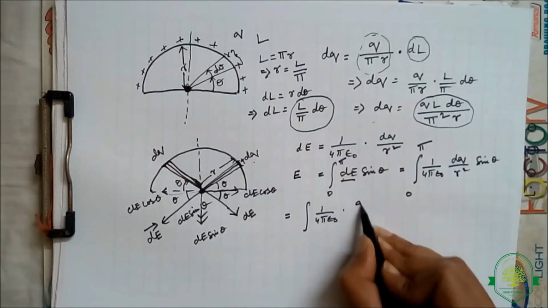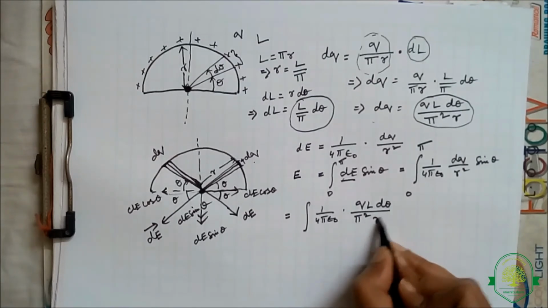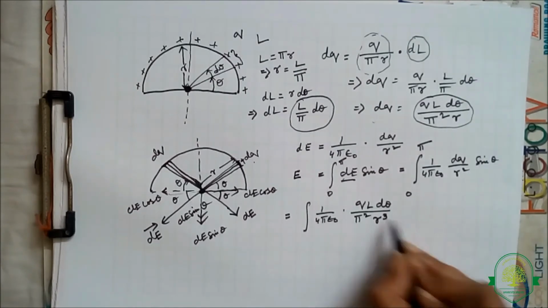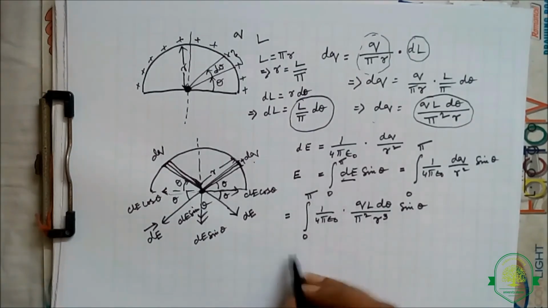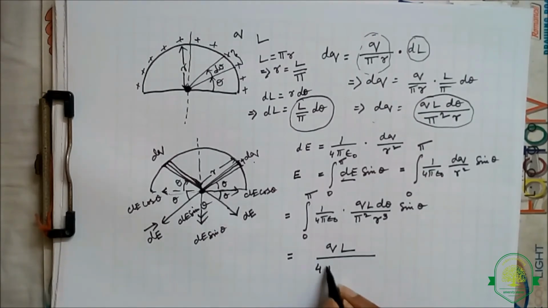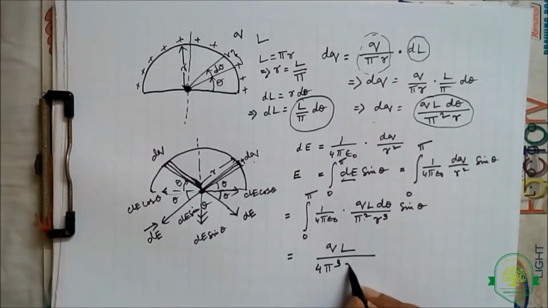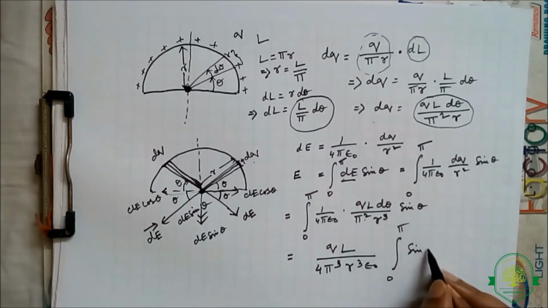We'll substitute the expression for dq, ql d theta over pi squared r. We have an r squared, another r squared at the bottom, so this becomes r cubed sin theta, and we are integrating from 0 to pi. We'll take all the constants out, so that becomes ql over 4 pi cubed. There's a pi here, a pi squared here, so that becomes pi cubed, r cubed, this r cubed, epsilon 0, and within the integration from 0 to pi we are left with sin theta d theta.